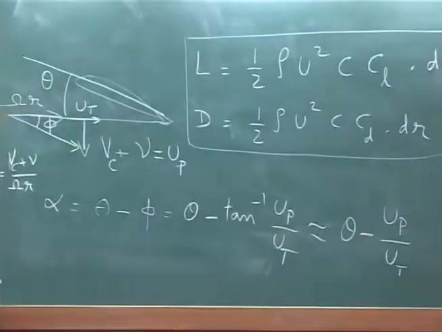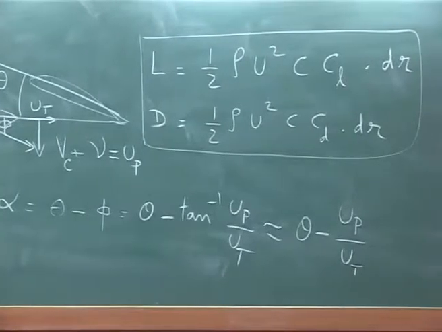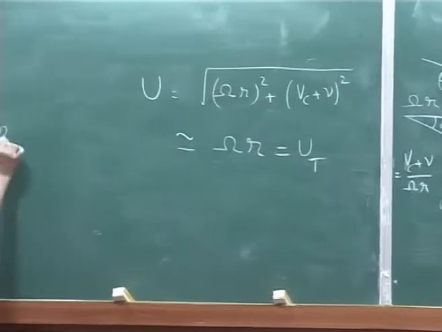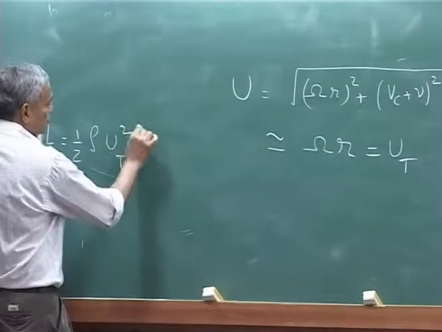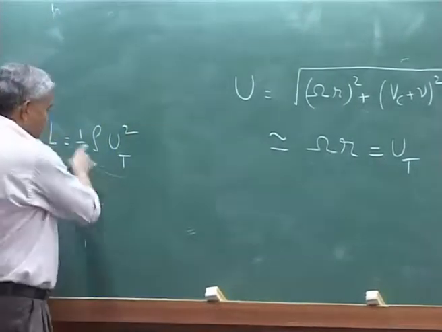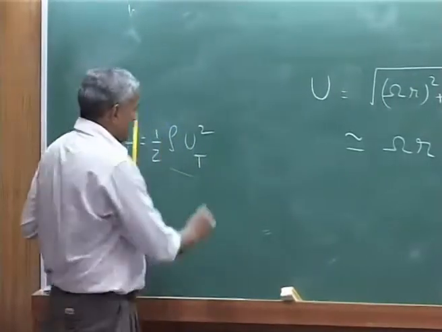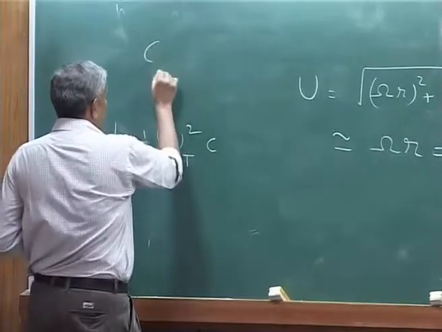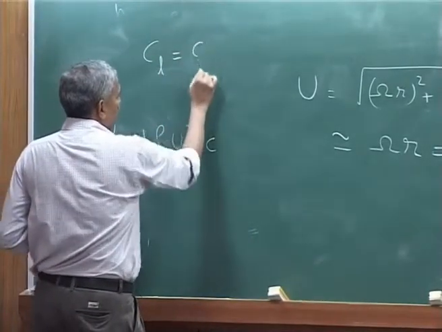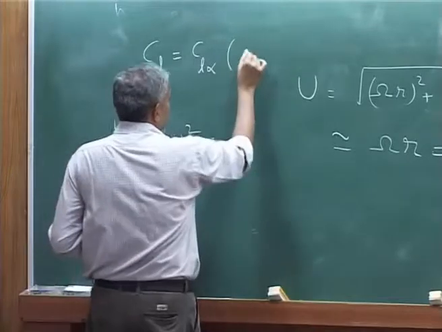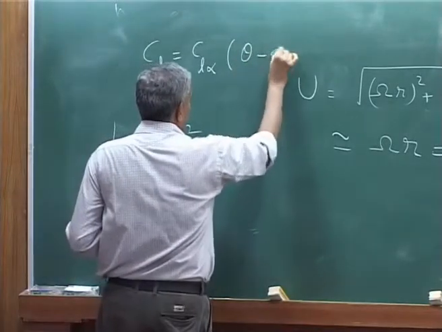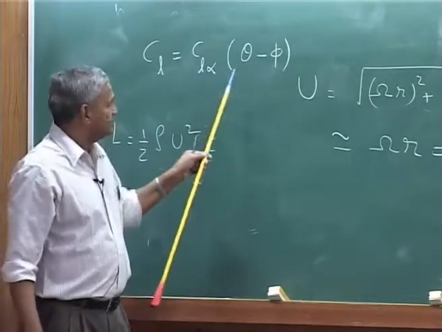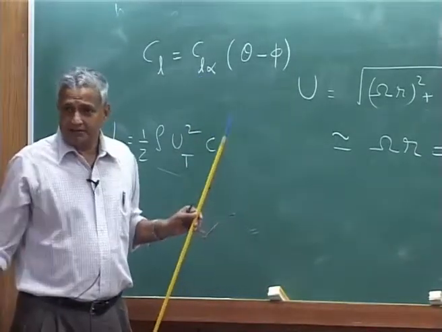Now, I know directly, I go back, I write my lift as half rho ut square, this is an approximation I am making, okay. And C, now what is my CL? CL, this is from your elementary, okay, CL alpha lift curve slope times the angle of attack.